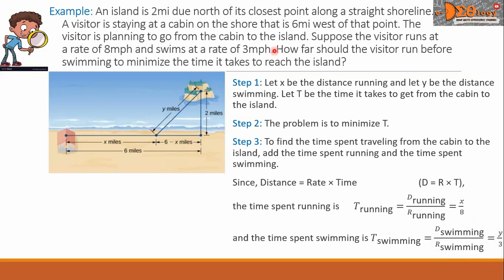This 3 here is given from the problem, which is the rate of swimming, 3 miles per hour. Therefore, the total time spent traveling is T sub total equals x over 8 plus y over 3. We regard this as equation 1.